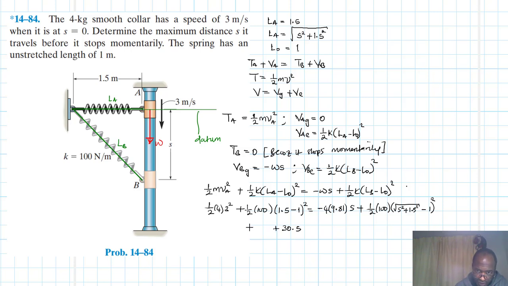Then I take this, the other side is 4 times 9.81, which is just going to be a plus also 39.24 S. Okay, and then the other one, I'll take everything to the other side.